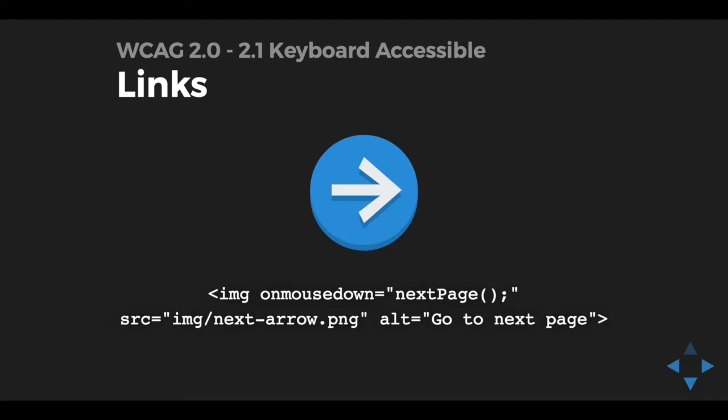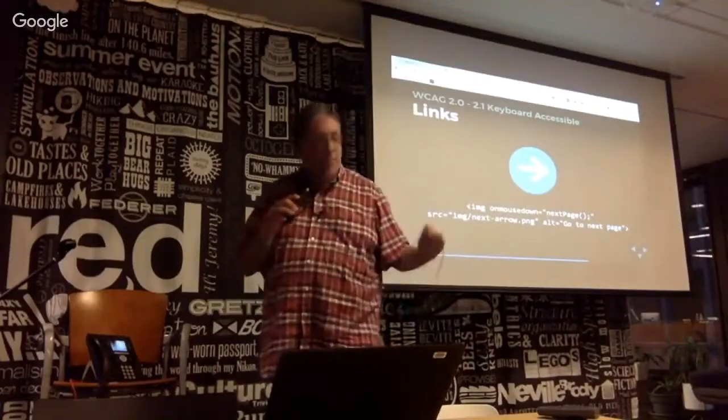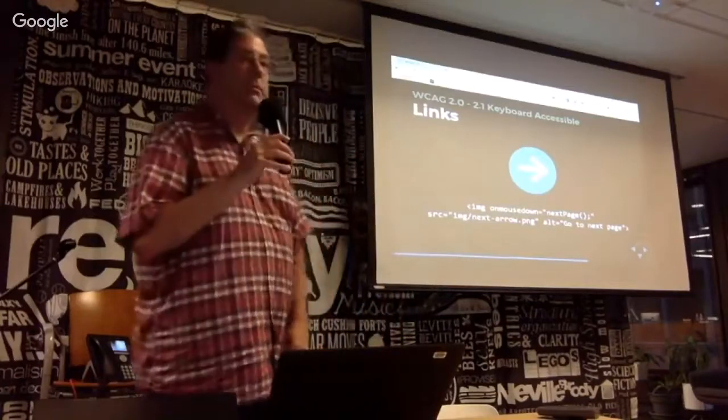So the code here says: img onmousedown equals nextPage(), so a function. And then src equals images/next-arrow.png, and then alt equals "Go to next page." So what about this is not accessible?